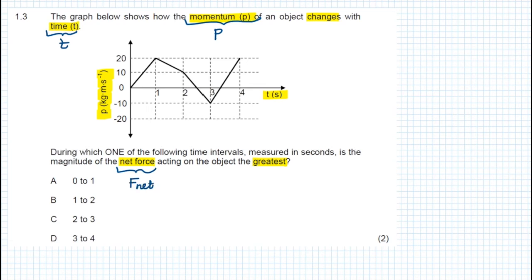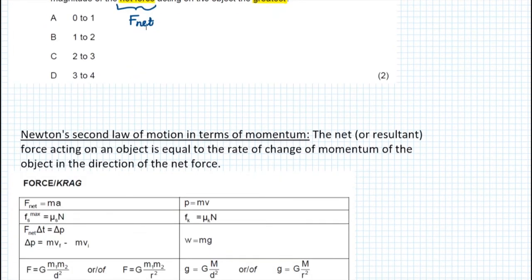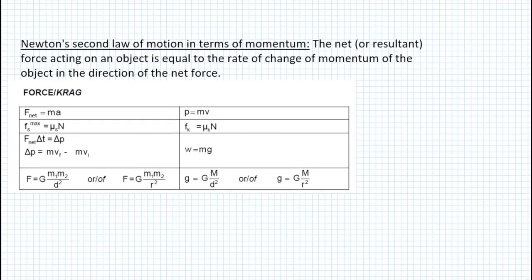Our question is, what is the relationship between these three physical properties? And if you have forgotten, you can always go back to your definitions. You can also go to your formula sheet and see if you can see anything. Well, these three quantities should remind you of Newton's second law of motion in terms of momentum, which I'm displaying on your screen, and this formula over here.